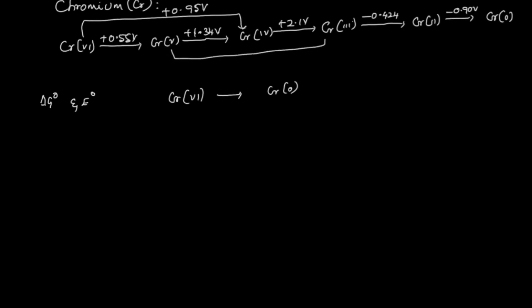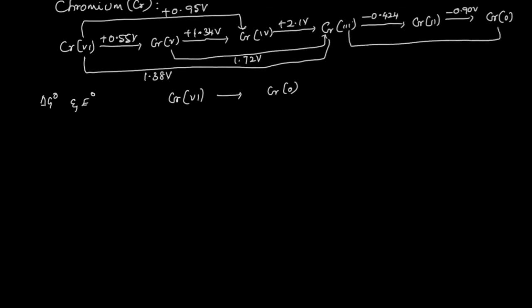Similarly from 5 to 3, the E naught value is 1.72 volt. Similarly 6 to 3 is 1.38 volt. In a similar way, plus 3 to 0 oxidation state will be minus 0.74 volt. This is the Latimer diagram for chromium.